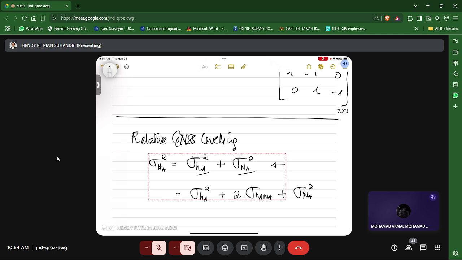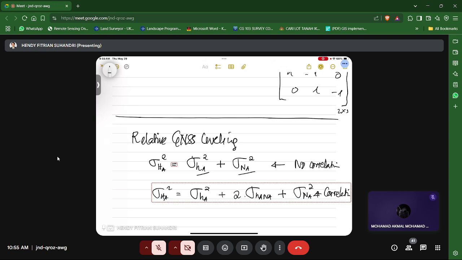So this is no correlation, and here we have correlation. But the second equation is not mentioned in the Japan circular. This principle for relative GNSS leveling is derived from the law of error propagation.